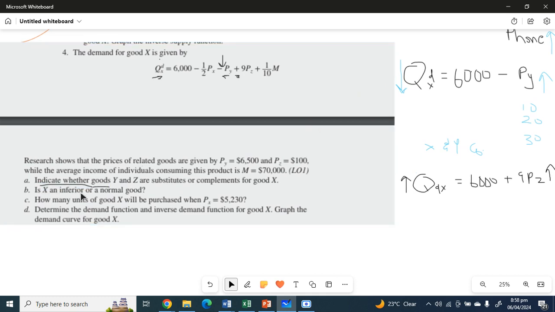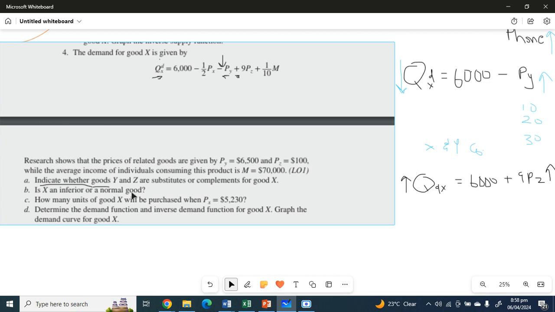Is X an inferior or a normal good? Colleagues, what's an inferior good? What's a normal good? I will start. An inferior good: when your income increases, the quantity demanded for that good goes down. An example of an inferior good, and I hope I don't sound like an evil person, is soya chunks.